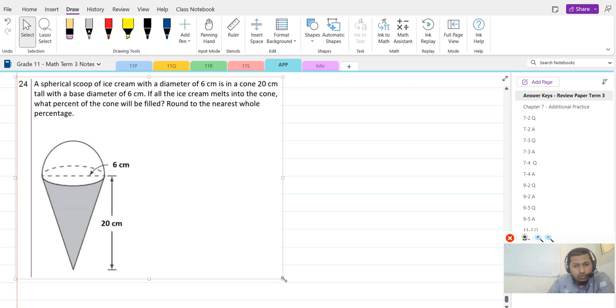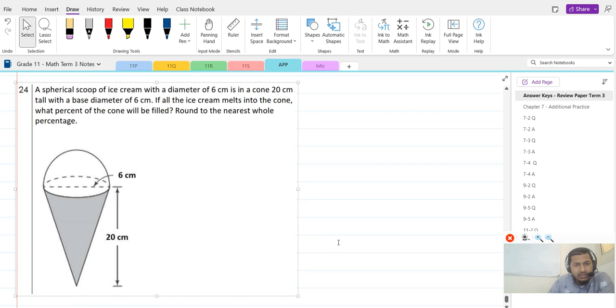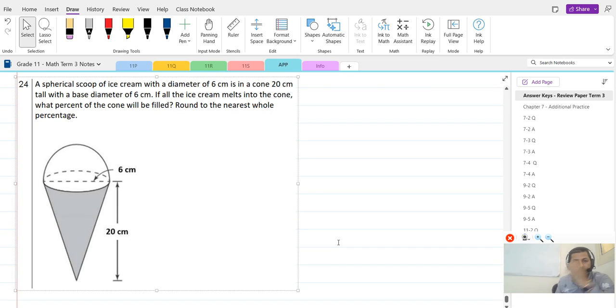A spherical scoop of ice cream with a diameter of 6 centimeters is in a cone 20 centimeters tall with a base diameter of 6 centimeters. If all the ice cream melts into the cone, remember the ice cream is in a spherical scoop, right? If all the ice cream melts into the cone, what percent of the cone will be filled? Round to the nearest whole percentage.